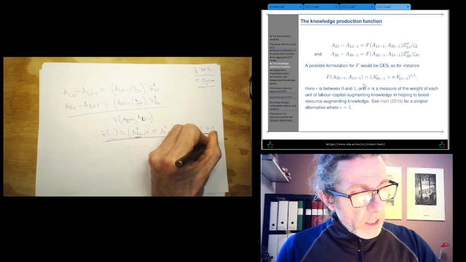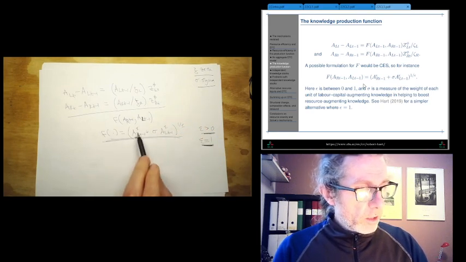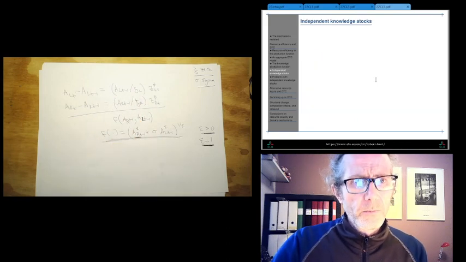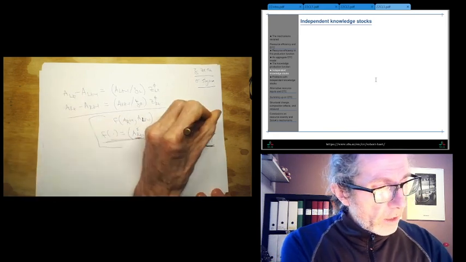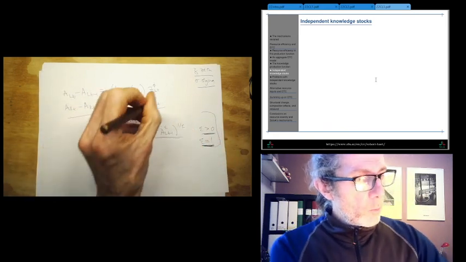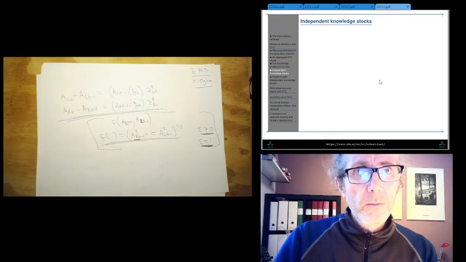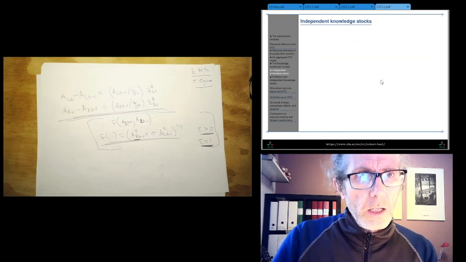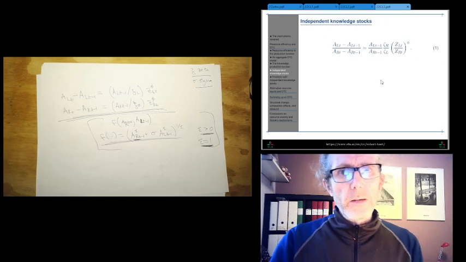And a significantly simpler way would just be epsilon equals 1. Still much more general than independent stocks. Okay, so that's a kind of alternative. But what happens if we go with independent stocks? Okay, I think it's time for a new video then.